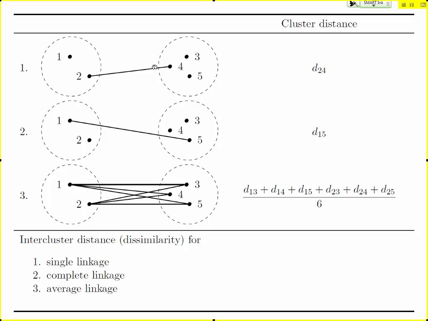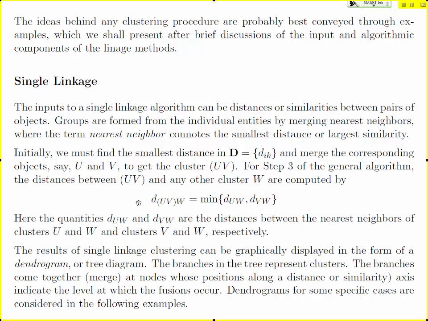I'll show you that in a second. Versus complete linkage, where it's the maximum pairwise distance, it treats them as if it's harder to bring things together. And then average linkage, which is an average of all the pairwise distances. End of the day, it's all hierarchical clustering. We're just picking among 3 choices of how to define intercluster distances.